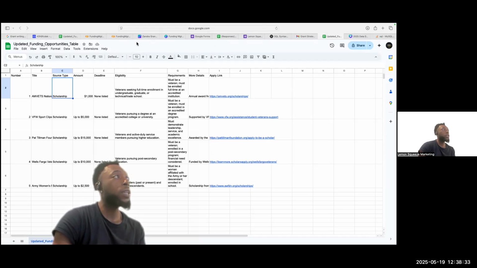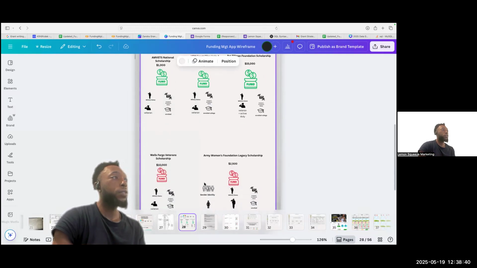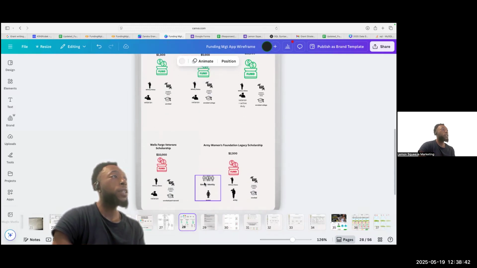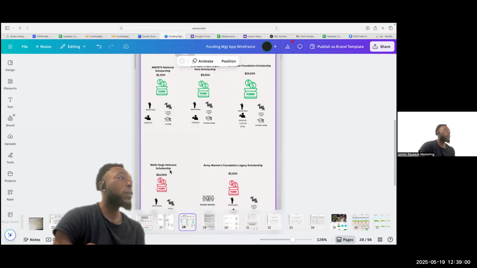The first thing that I did was create a visualization. Here are the 5 funds that are in our database. We have the A Vets National Scholarship, the VFW Sports Clips Help a Hero Scholarship, the Pat Tillman Foundation Scholarship, the Wells Fargo Veteran Scholarship, and the Army Women's Foundation Legacy Scholarship.